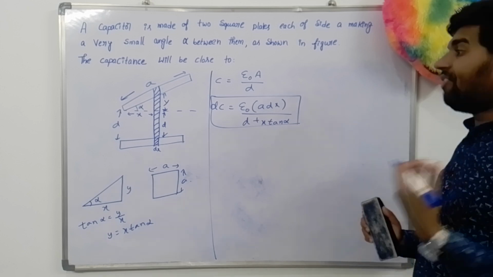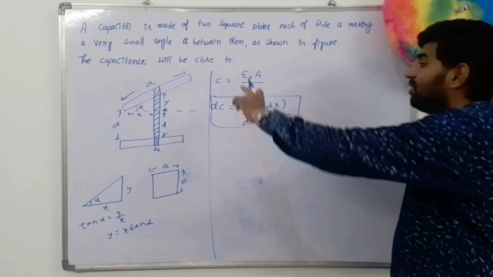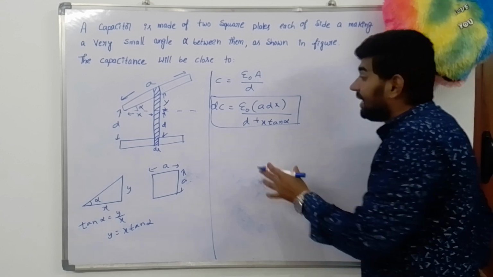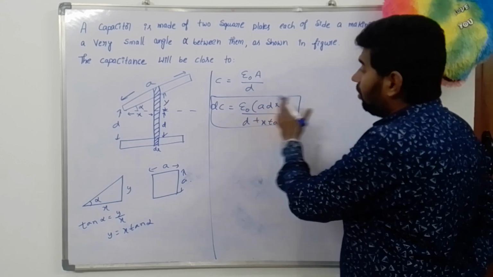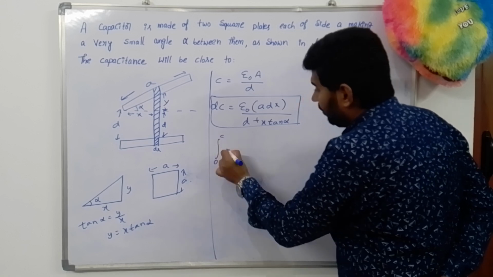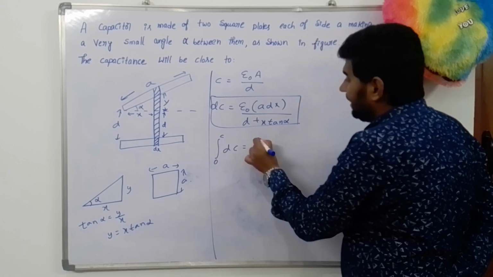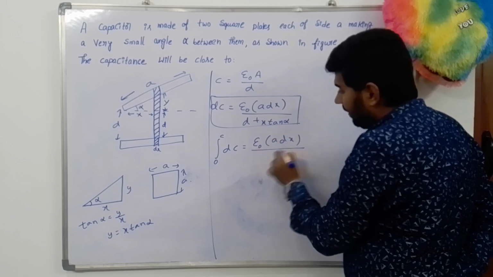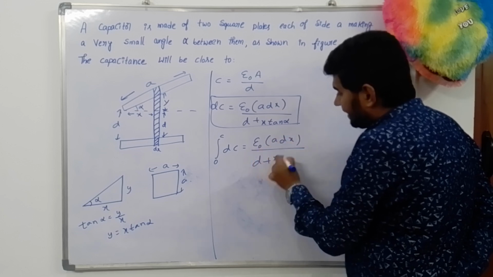But we have to find out the capacitance of those two plates. For that, I have to integrate both sides of this equation. It will become integral 0 to C of dC, that is equal to epsilon naught A dx by D plus x tan alpha.